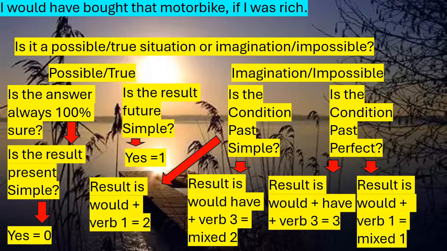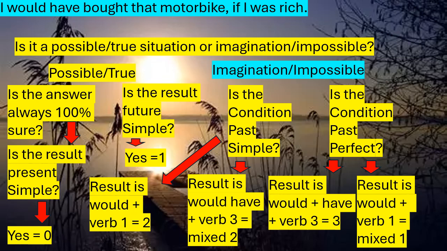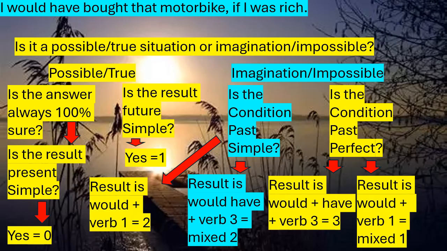I wasn't rich, so this is just imagination. And so we're on the right here. Next question, is the condition past simple or is it past perfect? If I was rich, I was is past simple. And the result is would have plus verb 3. I would have bought. Bought is verb 3. So we're a mixed conditional type 2.